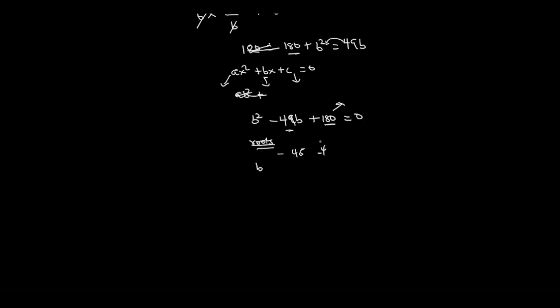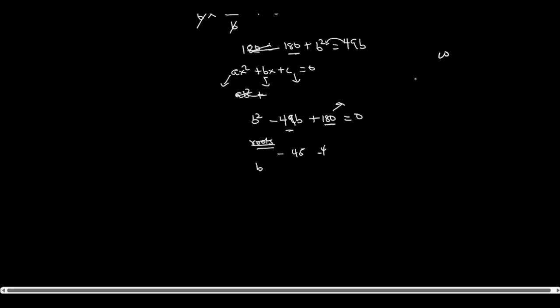Among the factors you find them. Let's say I have 10, and instead of 49, it was 7, so now you have minus 7.